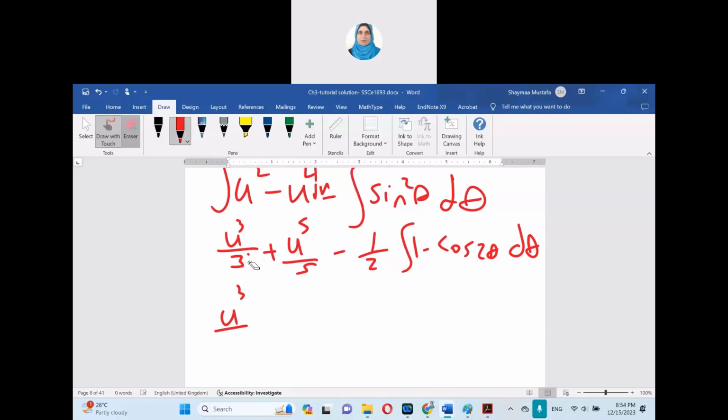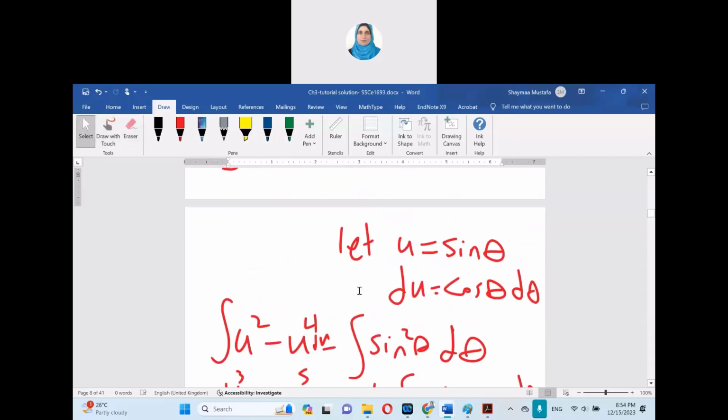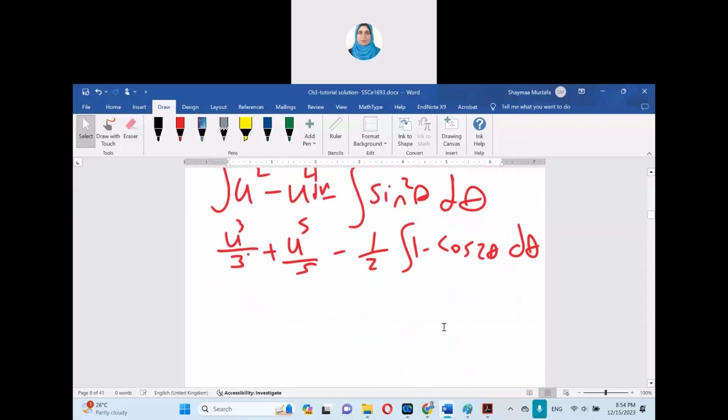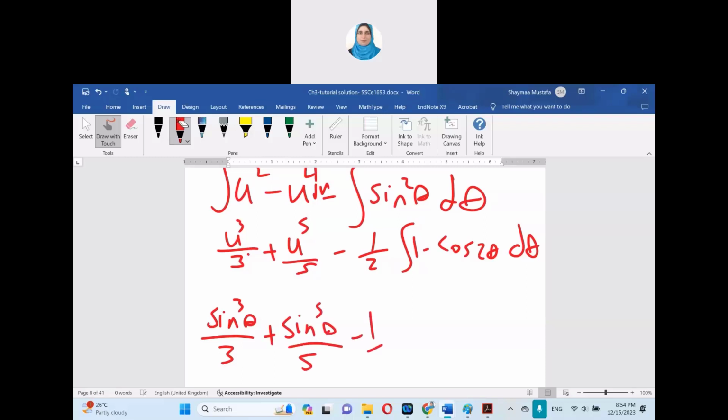We can also replace u, because u is equal to sine theta. So this is sine cube theta over 3 plus sine to the power 5 theta over 5 minus 1 over 2 theta plus 1 over 2 times sine 2 theta over 2, plus c.